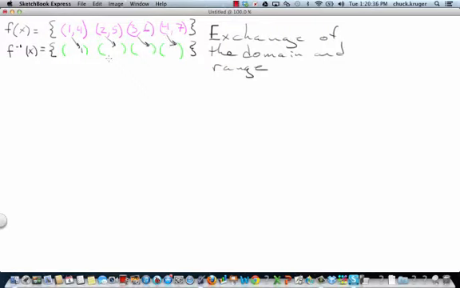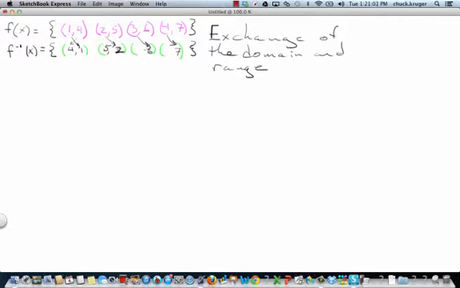So over here I'm going to have a 1, over here a 5, over here a 6, and over here a 7. And my range values become my domain values, so they switch. So this ordered pair becomes 4, 1. This ordered pair, oops, I wrote a 5 there, I meant to write a 2. So it's going to be 5, 2, and I did the same thing here.